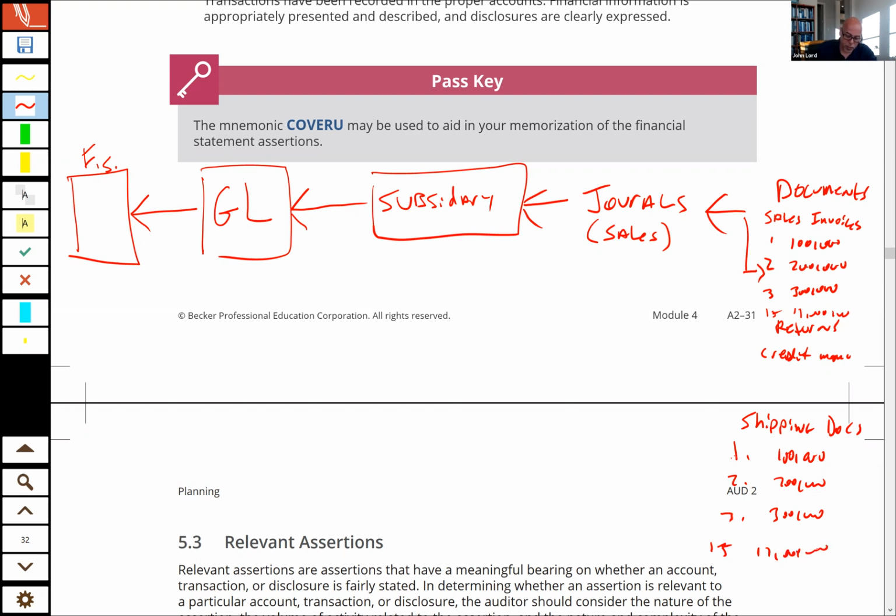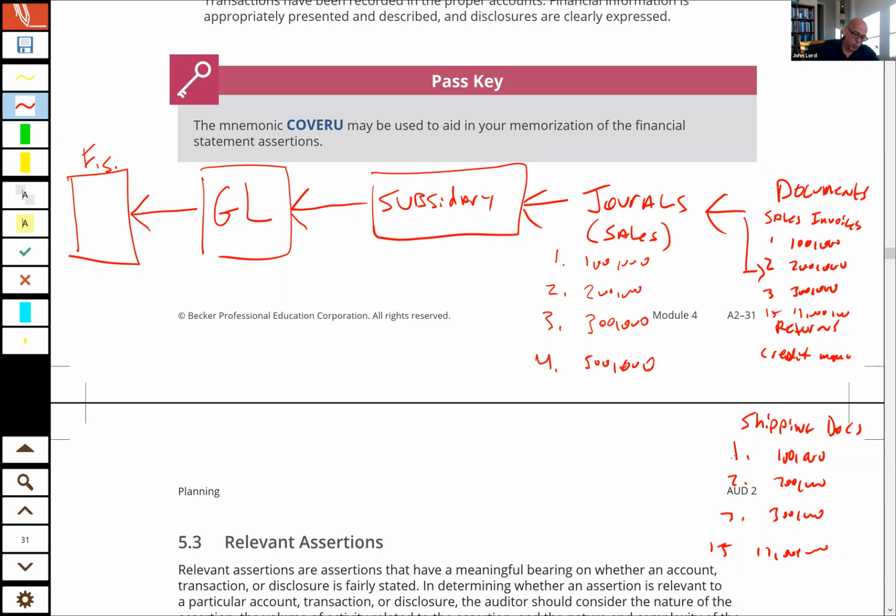Okay, good. Now what happens? We see the sales journal, and the sales journal has 100,000 in there. Sales journal has a sale for 200,000. Sales journal has one over here for 300,000. And then there's number 4 over here for 500,000.